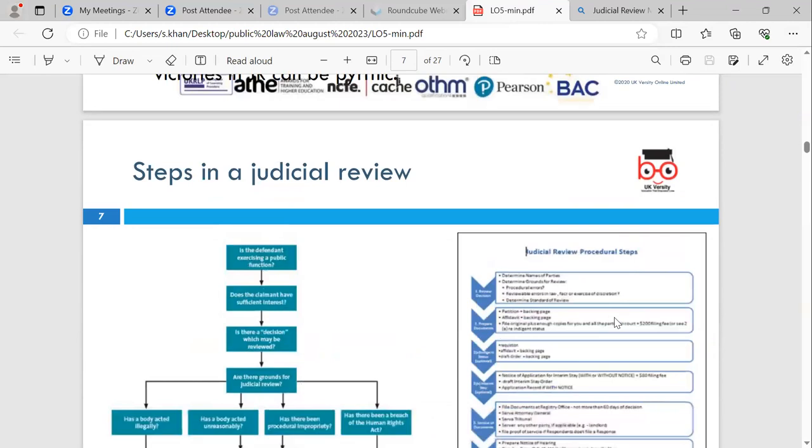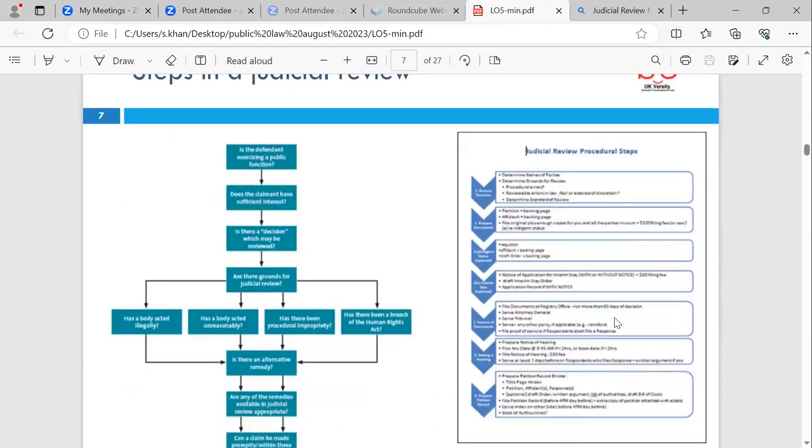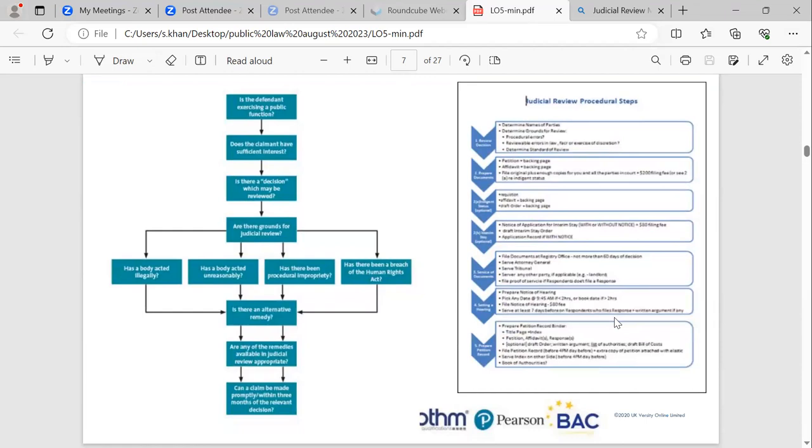Steps in the judicial review system. Firstly, is the defendant exercising a public function, and does the claimant have sufficient interest? If there's a decision which may be reviewed, are there grounds for judicial review? So the grounds would be: has a body acted illegally? Has a body acted unreasonably?